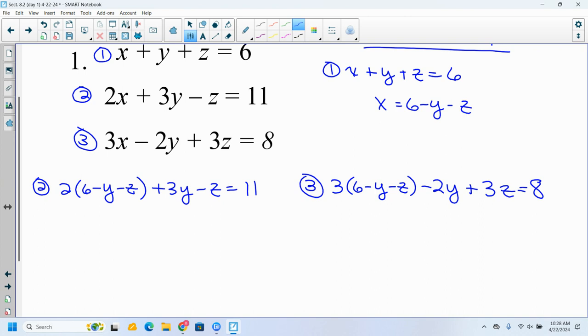I'm just going to work with 2, go back to 2 and work with that and simplify it as much as I can. So go to number 2, distribute your 2, combine like terms.